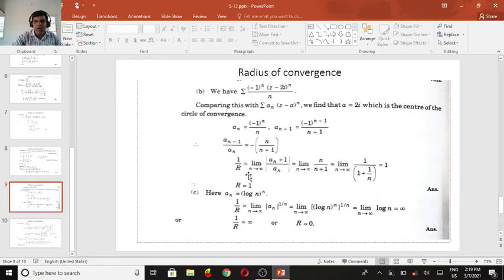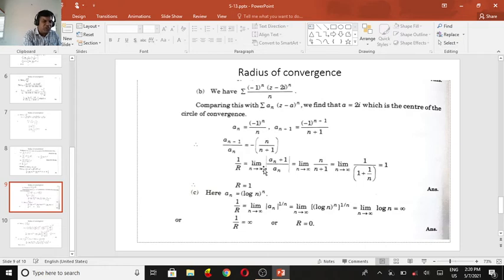Again, 1 by r is equal to limit n tends to infinity of |a_{n+1} divided by a_n|, which is limit n tends to infinity n divided by n+1. If we take n as common, the n gets cancelled, and we get limit n tends to infinity 1 divided by (1 + 1/n).